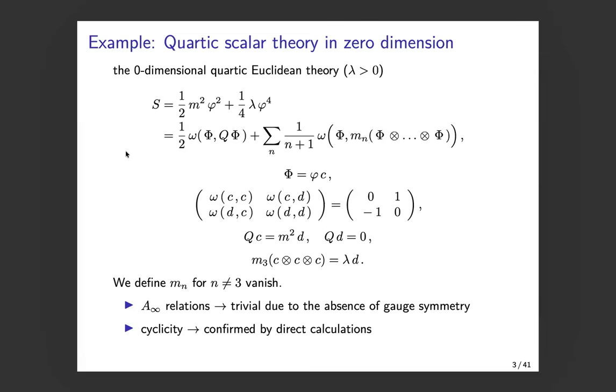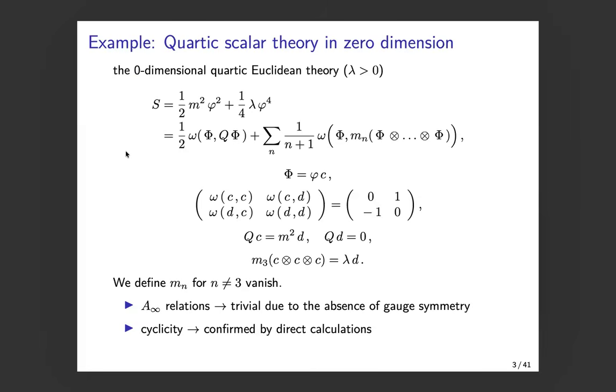In this part we omit the phi plus D because we are just considering a very trivial theory. The anti-field does not appear in the action, so we just consider phi equal to phi C. And the symplectic form is this.